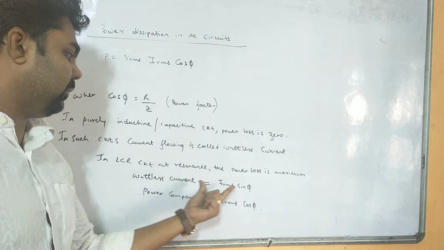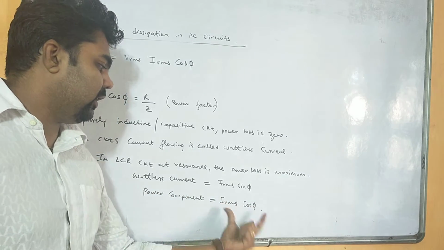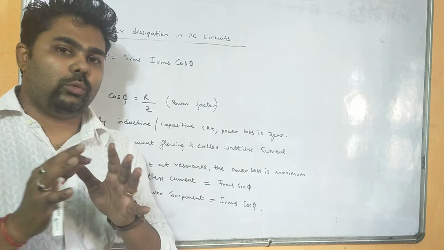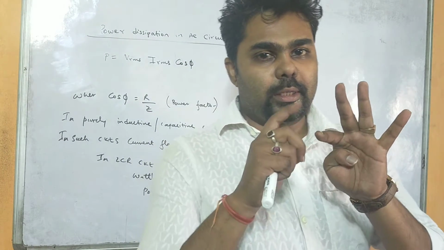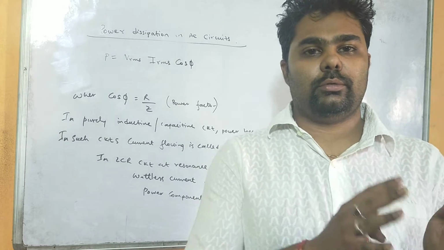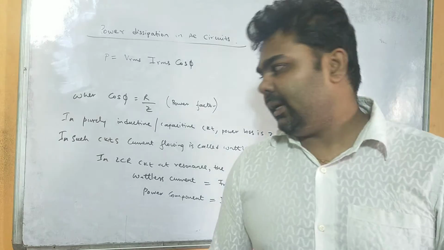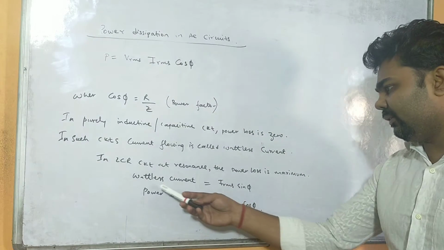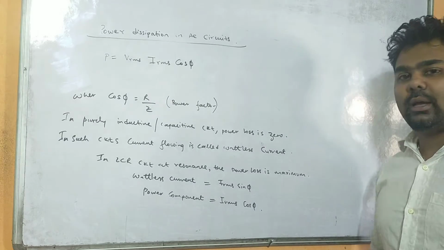And wattless current is given by Irms sin phi, and power component is given by Irms cos phi. So you see, in purely inductive and purely capacitive circuit, the power loss is 0, but in case of LCR circuit, at resonant condition, power loss is maximum, right? And in those cases, wattless current is given by Irms sin phi, and power component is given by Irms cos phi.